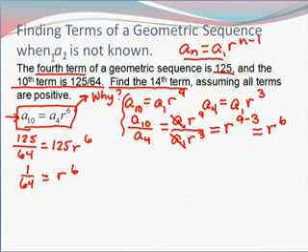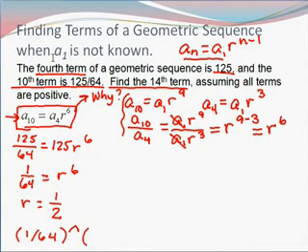Taking the 6th root, I get r equals 1/2. And the way you would do the 6th root on your calculator is you would do 1 divided by 64, in parentheses, then you would do a caret and 1 divided by 6 in parentheses. So that's the 6th root on your calculator.